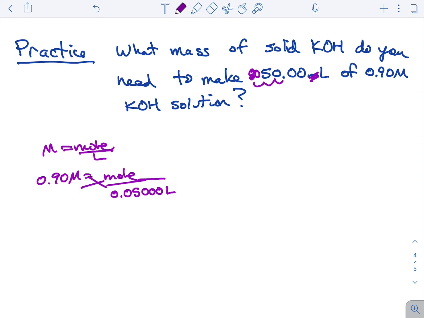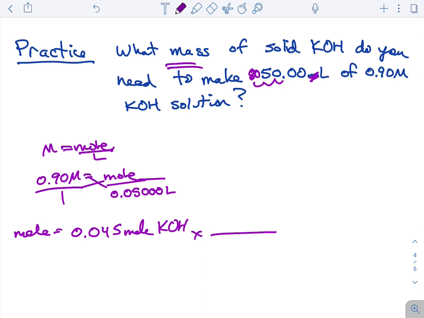So you can cross multiply or however you want to think about this. It's up to you. The number of moles comes out to be 0.05 times 0.9. That's 0.045 moles of KOH, but we want the grams because we're asked for what mass, right?